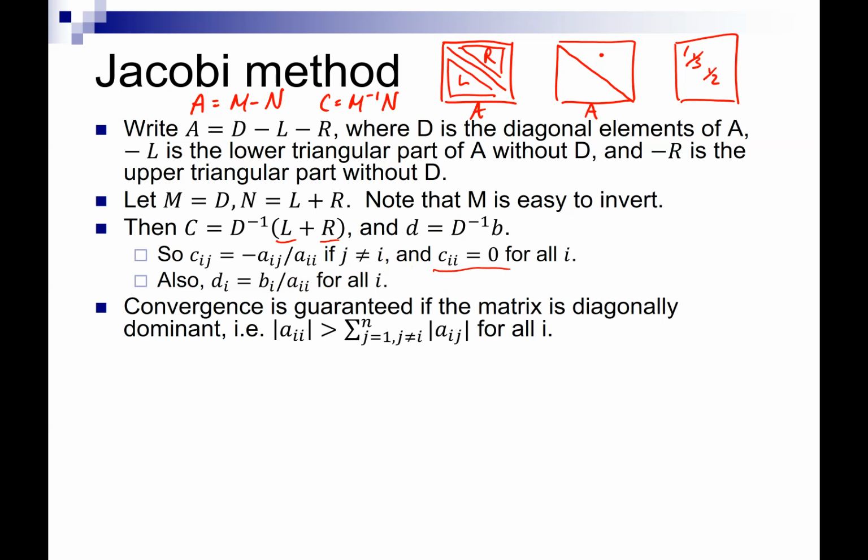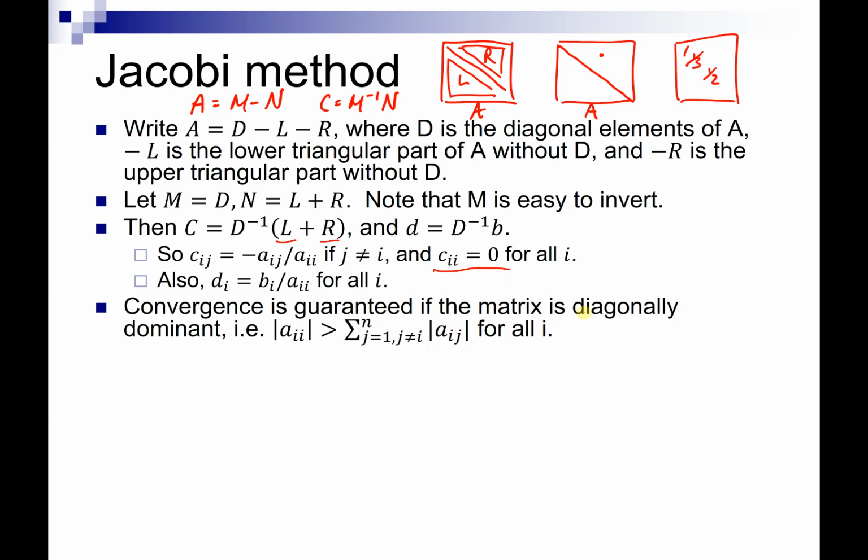Now, we have these conditions to guarantee convergence. It turns out that if for each diagonal element A_ii, A_ii is larger than the sum of the absolute values of all the other non-diagonal elements in its row, then we can guarantee the iterative process is going to converge.